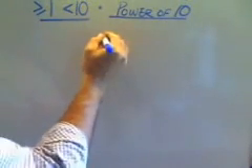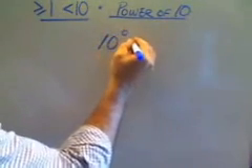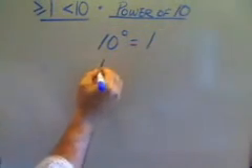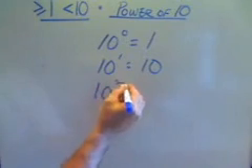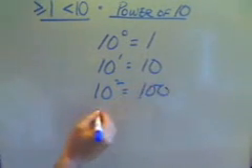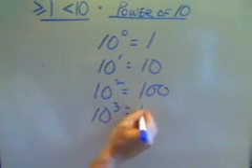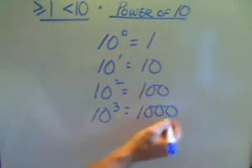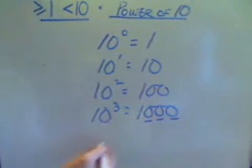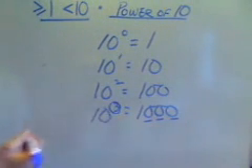Now, what are our powers of 10? Let's do a quick review of that. We know that 10 to the 0, at least I hope we know, is 1. 10 to the first is 10. 10 to the second is 100. 10 to the third is 1,000. And I'm sure your teacher has shown you the trick for powers of 10. We have as many zeros as the exponent on the 10.